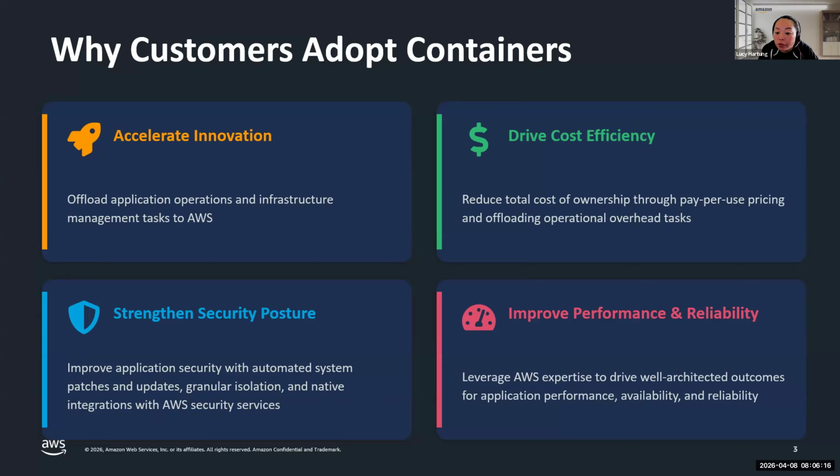Now you can offload the application operation and infrastructure management to AWS, if you build on EKS or ECS, and really focus your time on building application features rather than managing underlying infrastructure. That helps you develop your features faster and get them to market faster.